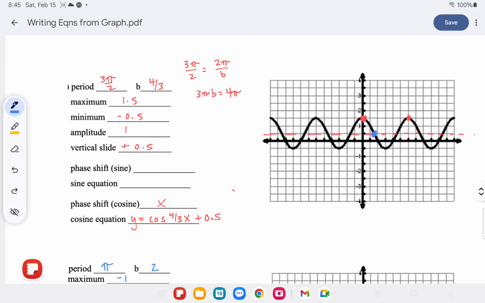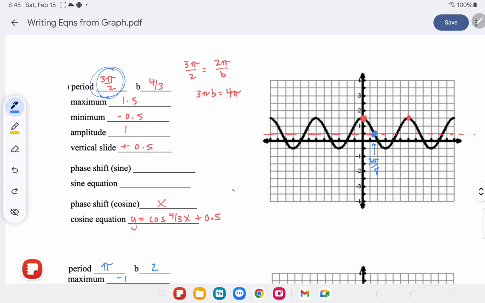It changes 4 times always. So to figure out that phase shift, I'm going to take my period and divide that by 4, or take 3 pi over 2 times 1/4. So that means where that first change is happening at the midline is at 3 pi over 8. And again, I'm getting that by dividing the period by 4, and that's my phase shift.